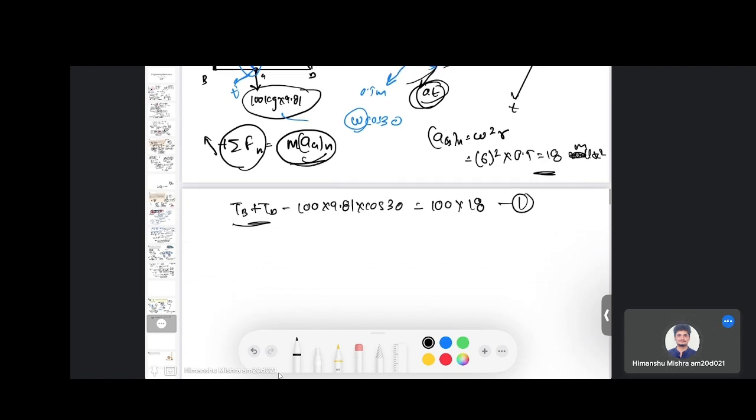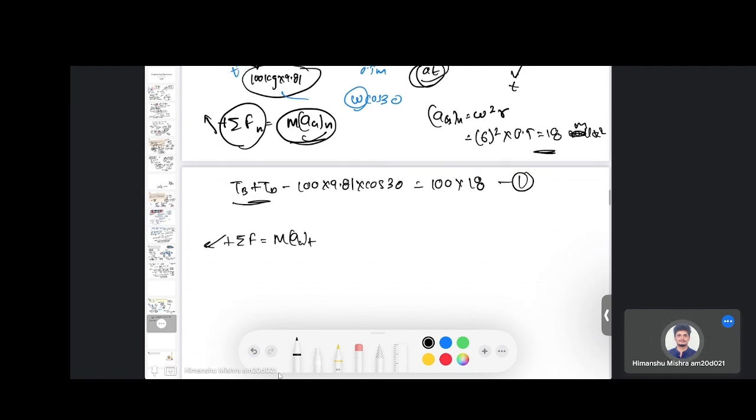Now let me define the summation of force in the tangential direction. This is the tangential direction, summation of F equals ma in the tangential direction, that is equal to mass times acceleration in the tangential direction. And in the tangential direction I have a force due to weight.